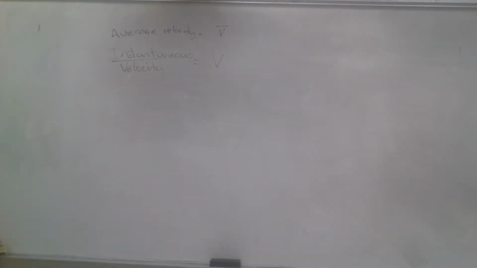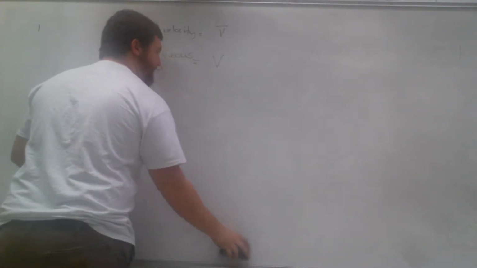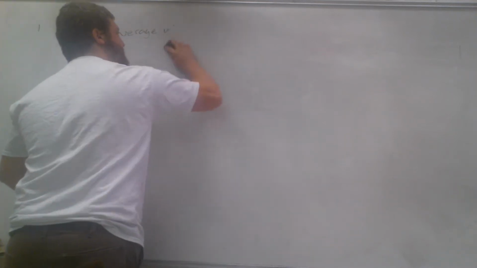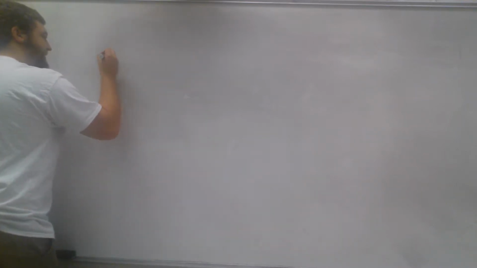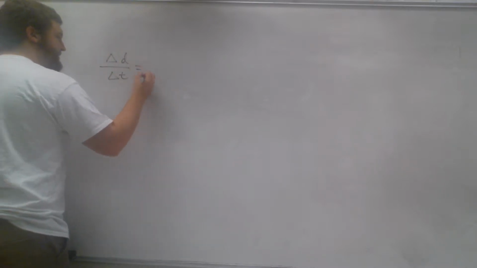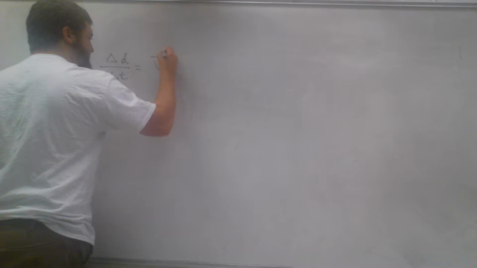Now, seeing that average velocity is the change in distance over time, we're going to keep stepping up, okay, to find acceleration. So, I want you to see this. The change in displacement over change in time is equal to the average velocity. Okay.